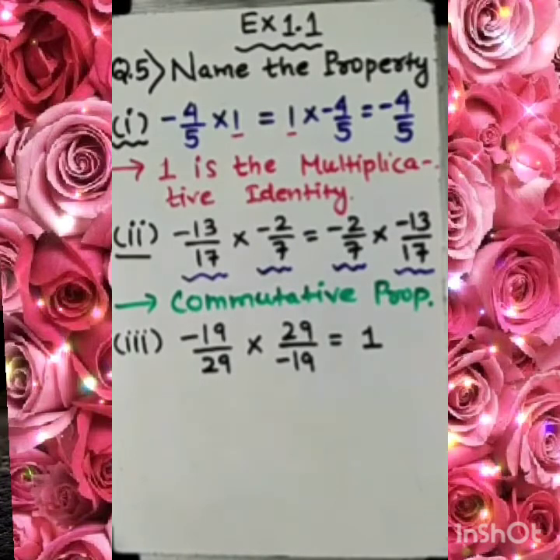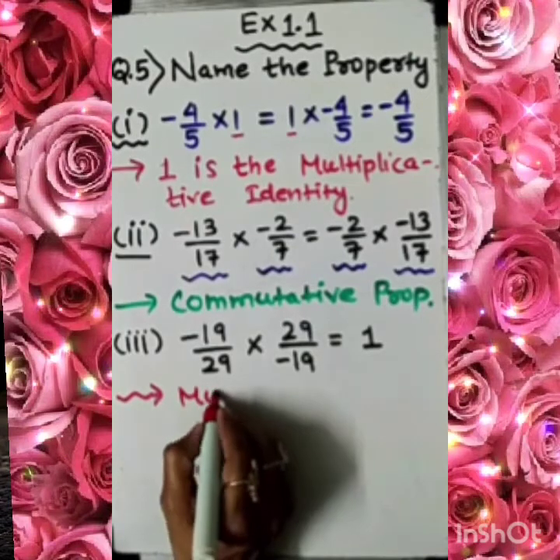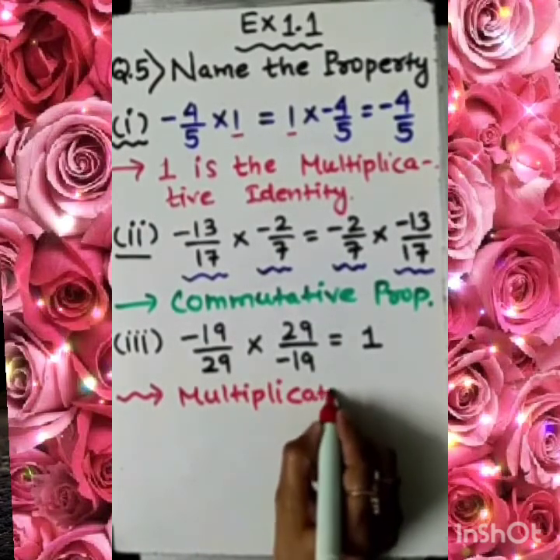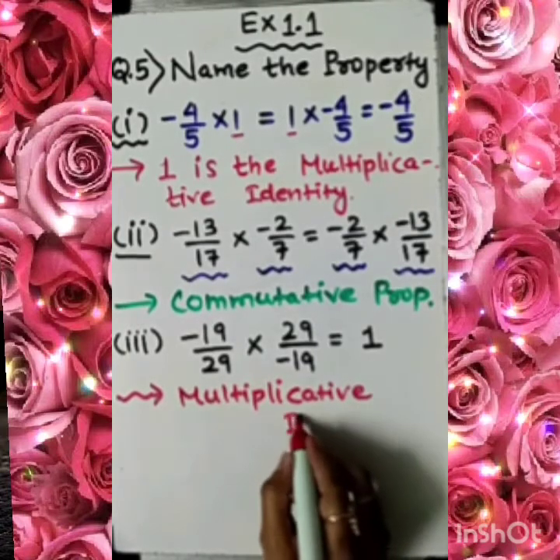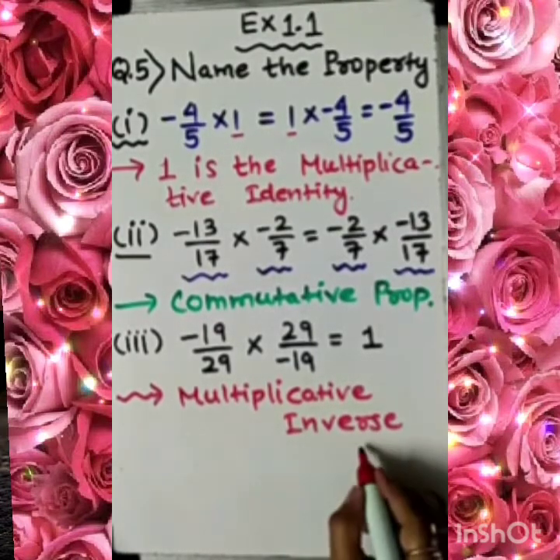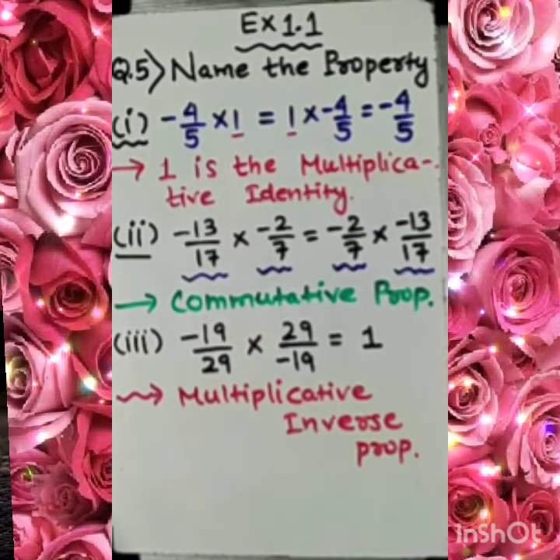Now, under which property is the answer 1? Of course, we need to mention here that the name of the property is multiplicative inverse. Clear to you? So under the multiplicative inverse property, this equation satisfies the condition.